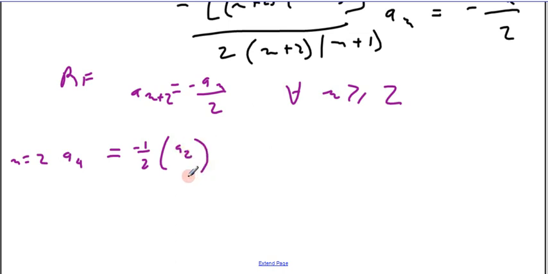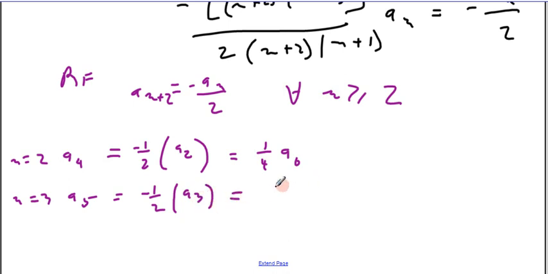And a2 was 1/2 a0, so I'm going to have minus 1/4 a0. And when n is equal to 3, I'm going to have a5 is equal to minus 1/2 a3, which is going to be 1/4 a1. Okay, that's probably enough to check our work.